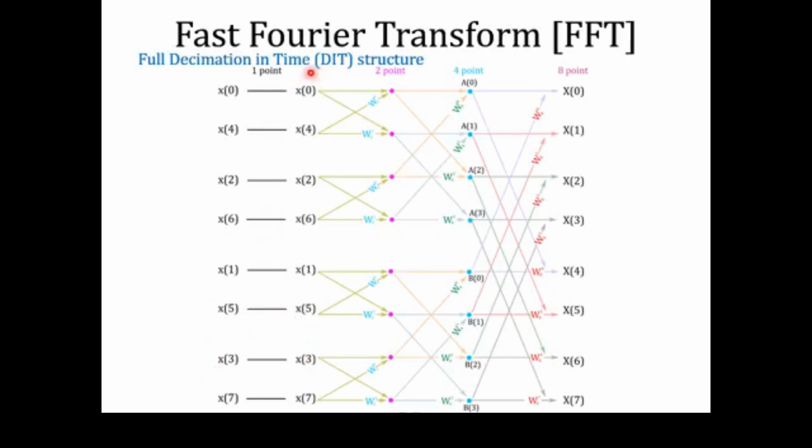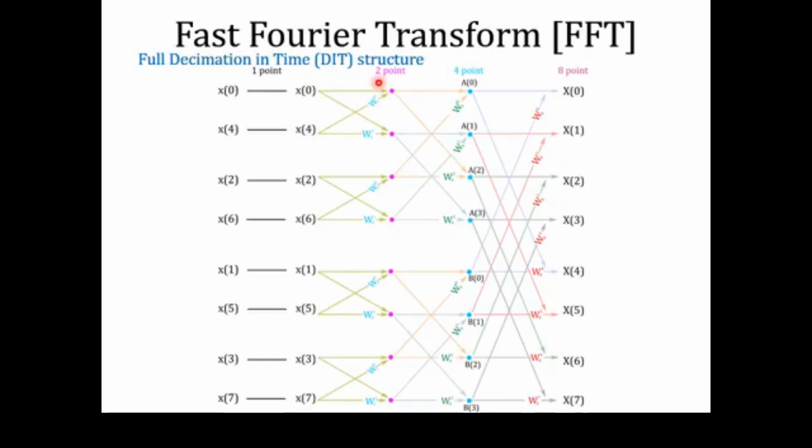Now our task is to reconstruct the 8-point DFT output, but that reconstruction will be performed stage by stage. So this is the first single point DFT output and this is the second single point DFT output. With the help of these two 1-point DFT outputs, we will first reconstruct the 2-point DFT output.